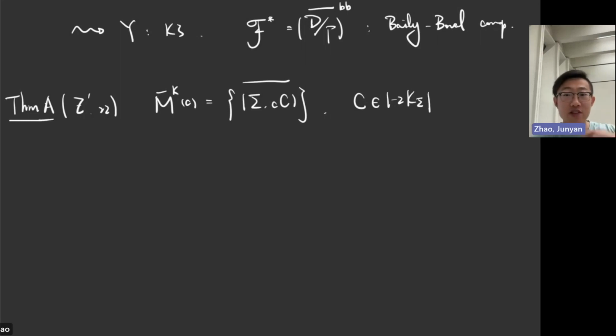Meaning that the general member is of this form, and you also admit the K-polystable degenerations of such pairs.